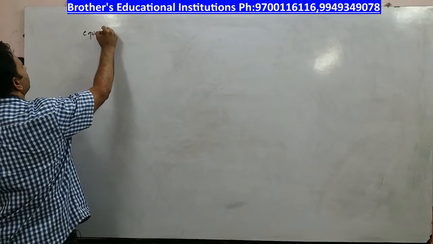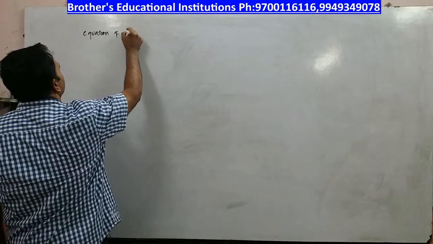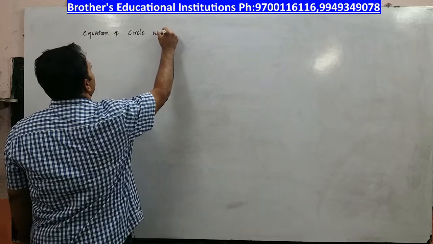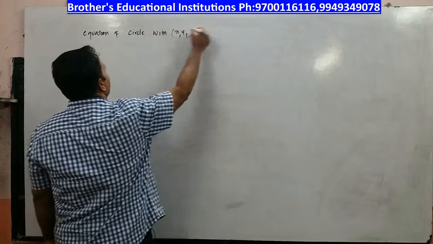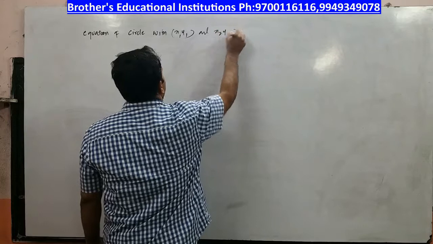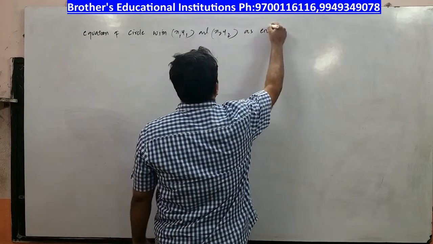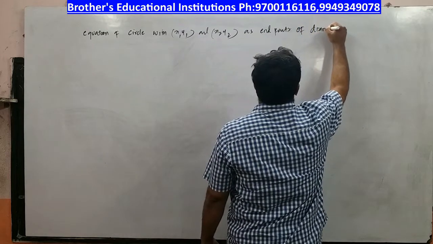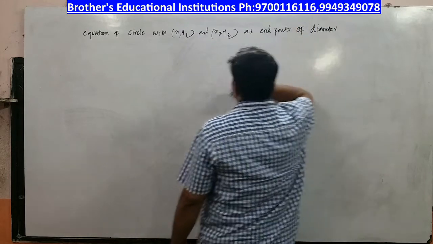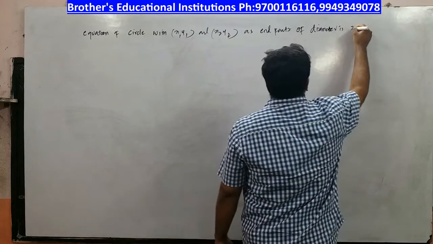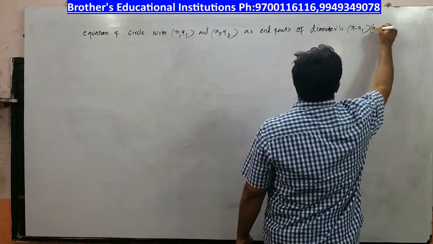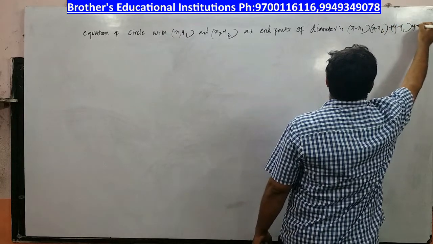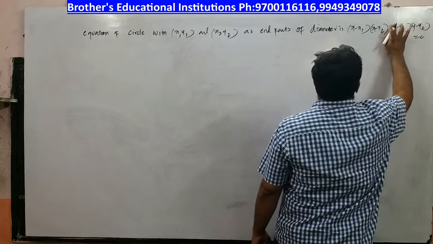Equation of circle with x1, y1 and x2, y2 as end points of diameter is (x minus x1) into (x minus x2) plus (y minus y1) into (y minus y2) is equal to 0.